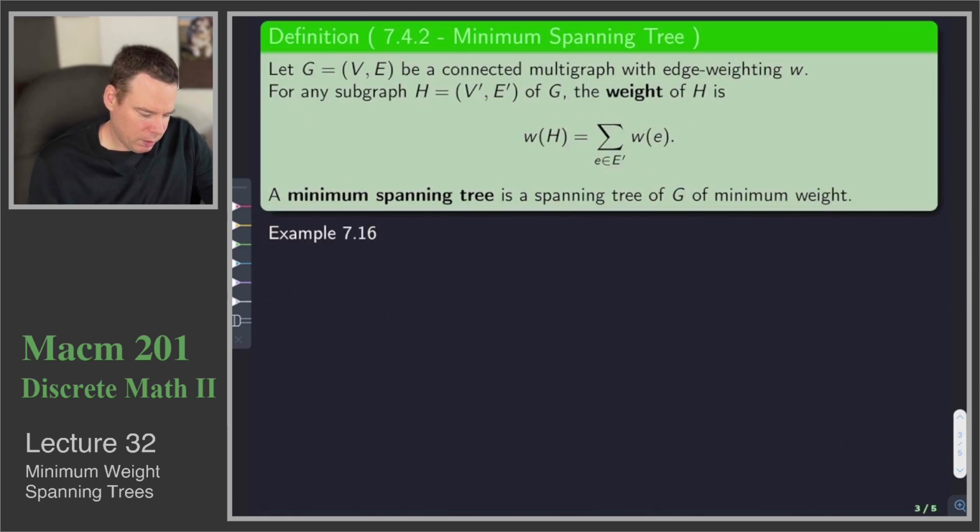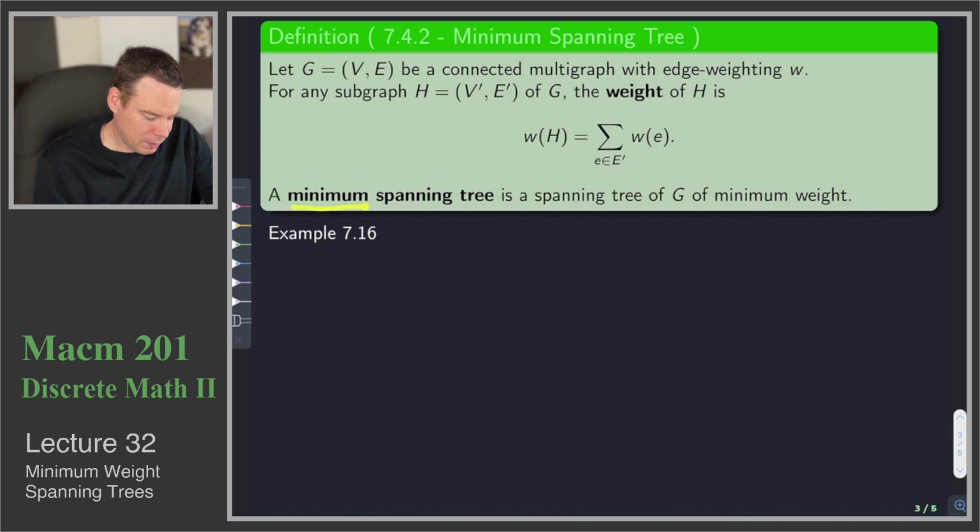So now that we have a weighted graph, we can talk about the weight of a graph. For example, if G is a connected multigraph with an edge weighting, so it's a weighted graph, then the weight of it would just be the sum over all of the weights on the edges. In particular, for any subgraph of G, the weight of the subgraph is obtained just by summing over the weights of all the edges in that subgraph.